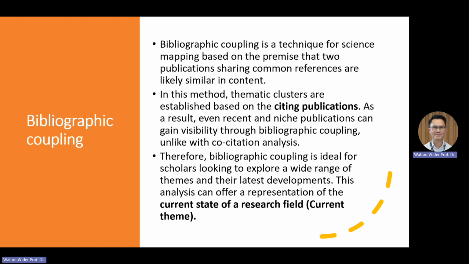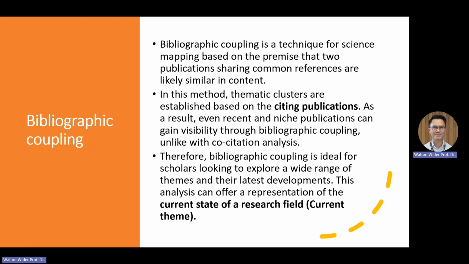In bibliometric analysis, bibliographic coupling is important because when two publications cite the same set of publications, it is assumed that they are thematically related. Therefore, we can identify the current trend.